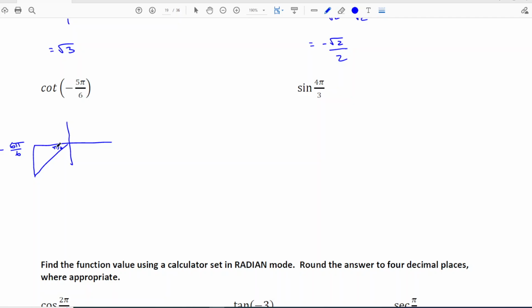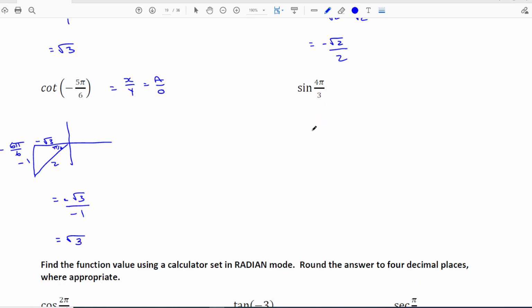This is pi by 6, so that's my smallest angle. So it's my 1, 2, root 3. Watch your signs, so negative, negative. And now cotan is going to be x over y, or adjacent over opposite, whichever one works better in your head. So it's going to be negative root 3 over negative 1, which would give you positive root 3.